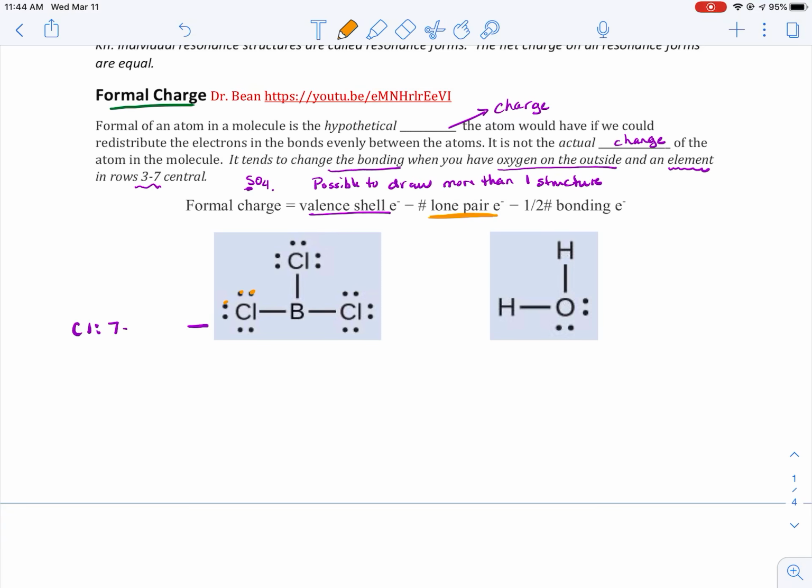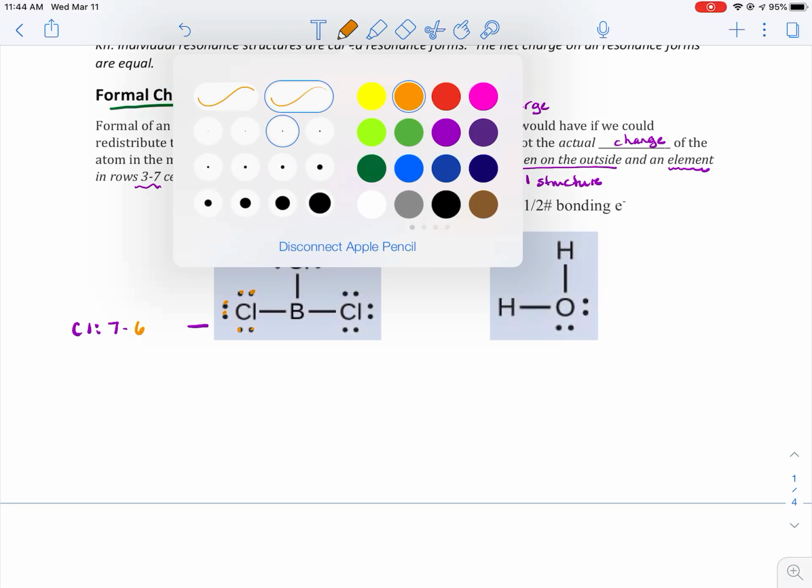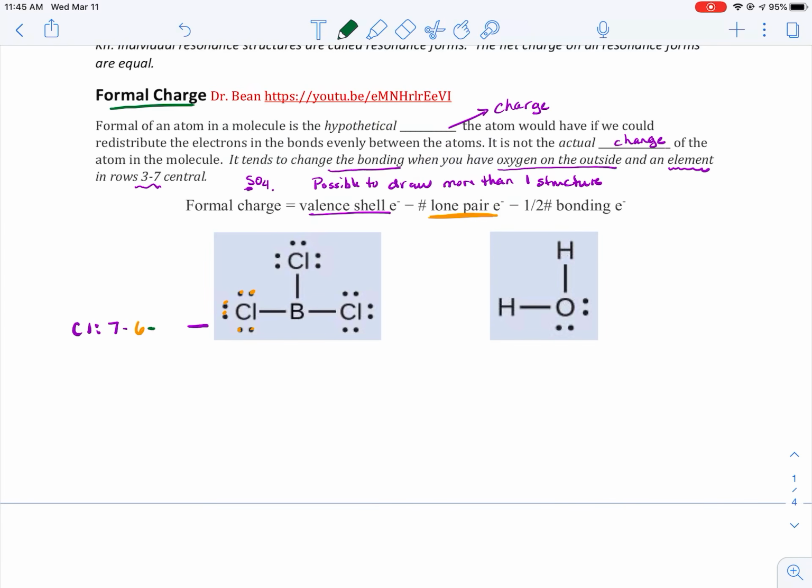I have 1, 2, 3, 4, 5, 6. 6 lone pair electrons. And then minus half of the bonding electrons. So remember, there's 2 electrons in that bond. Remember, don't really draw it that way, but I'm doing it so you can see it. So half of the 2 electrons is just 1 electron. So our formula would be 7 minus 6 minus 1, which gives us 0.